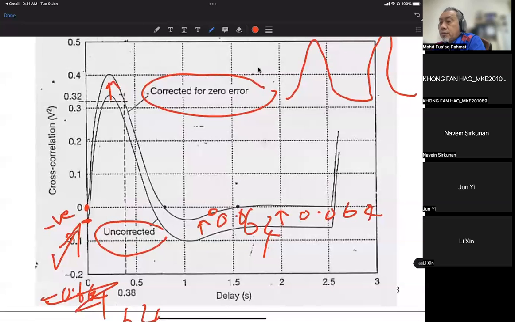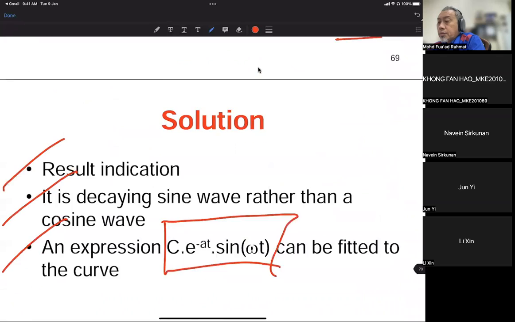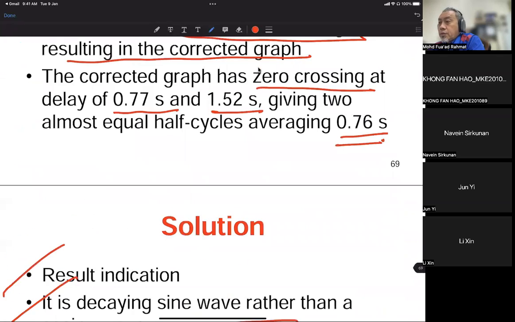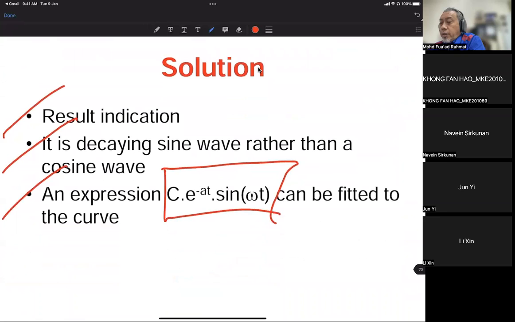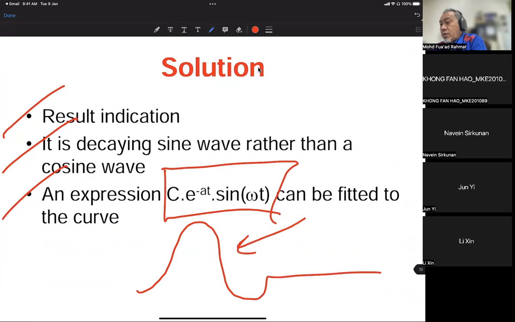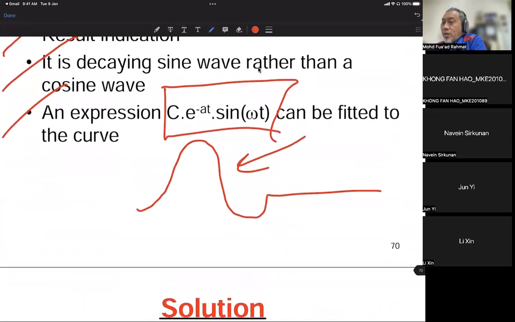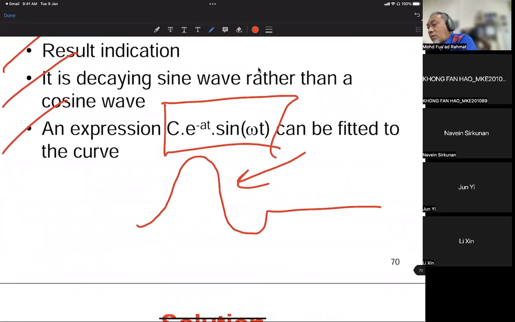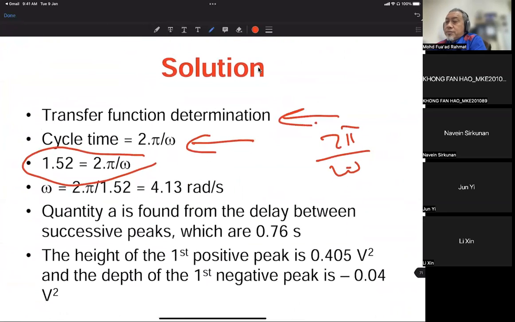So an expression of C exponent minus At sine omega t can be fit to this curve. We have to find C, A and omega. So 1.52 equals 2 pi divided by omega, so we get omega as 4.13 radian per second.